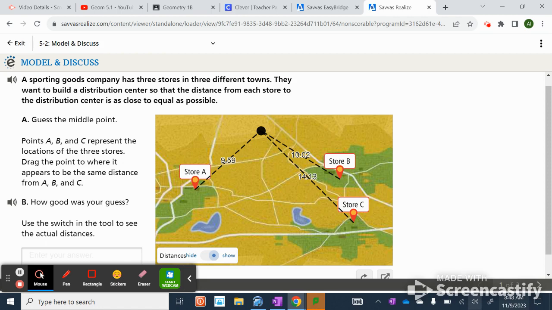So this point right down here should be about the same distance away from all 3 stores. So now if I drag this point down right there, oh, look at that. If we go just a little bit lower, everything's about 8.8, 8.899.